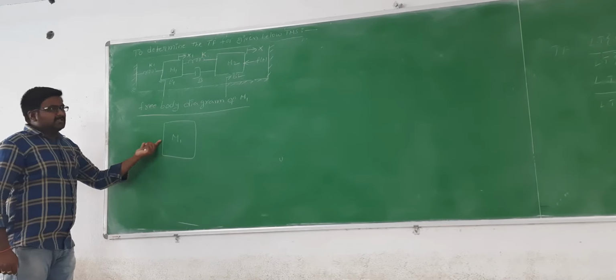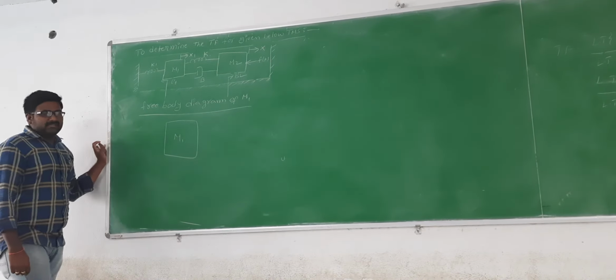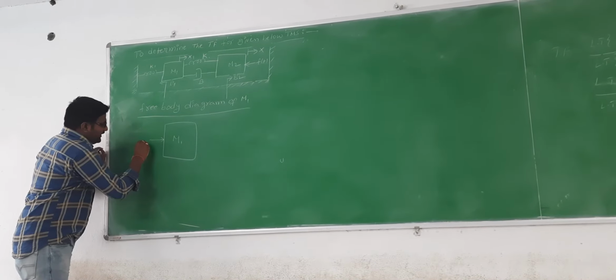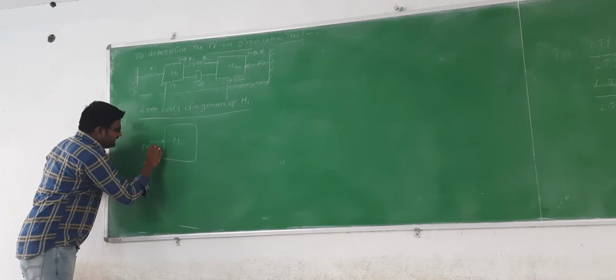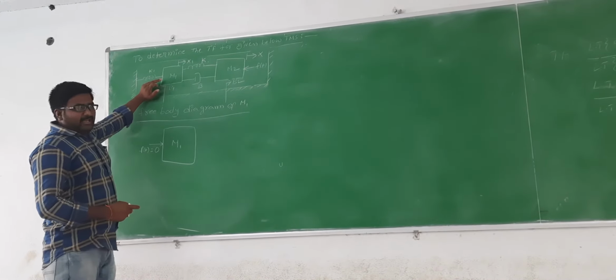One side is applied force, another side is opposing forces. For mass 1 there is no applied force, so applied force is 0. Opposing forces, so listen carefully.